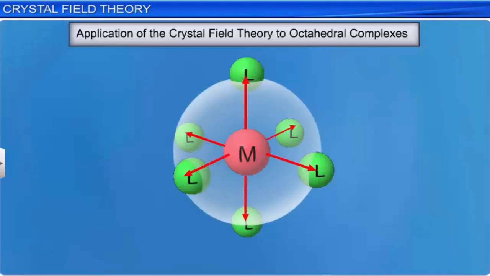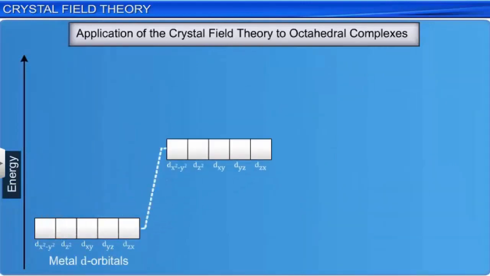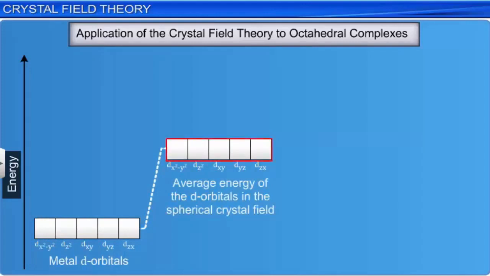Then the remaining three d orbitals, which are placed in between the axes, that is dxy, dyz and dzx, these three degenerate orbitals have less energy.